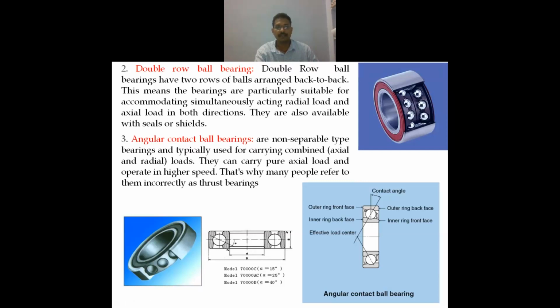Here you can find this angular contact ball bearing, outer ring face and inner ring back face. Between them you can find these balls between the races, where the design of the outer race and inner race can accommodate axial loads also.